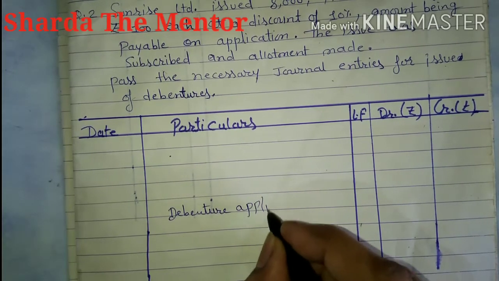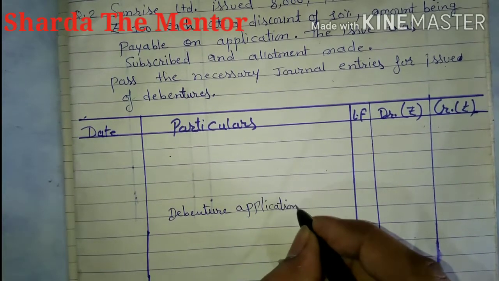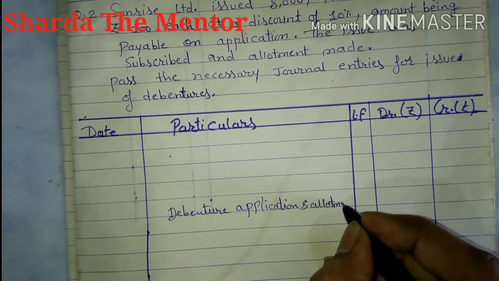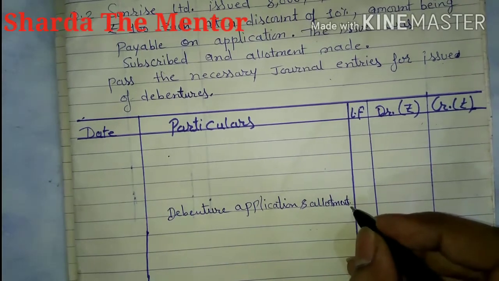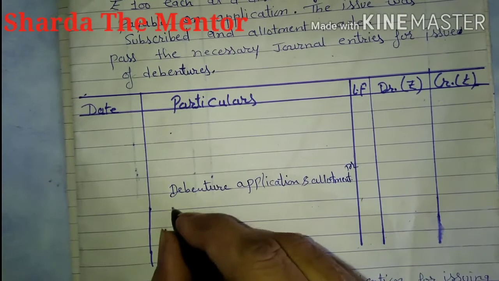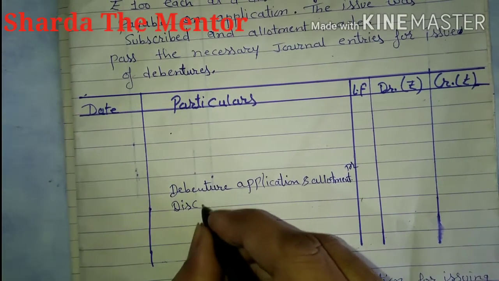Debenture application and allotment, debit. Discount is always considered as a loss for the company.